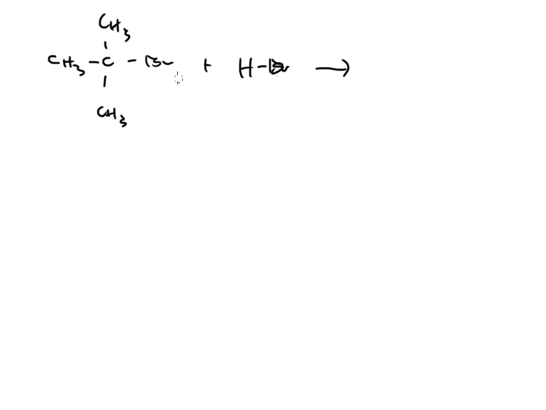However, some people might look at this and say, well, wait a minute. When we talked about substitution and elimination, we said that if a group, pop, off it goes, this carbon could make the decision to say, maybe I don't want another group to come in. Maybe I don't need that bromine. Maybe I do not need to share my life with anyone. Maybe I want to be single for a little bit.